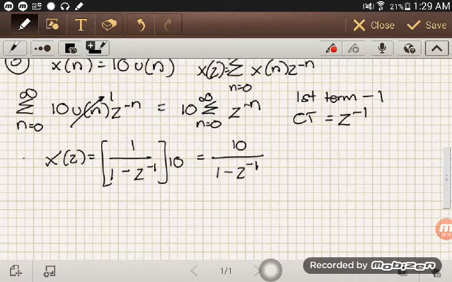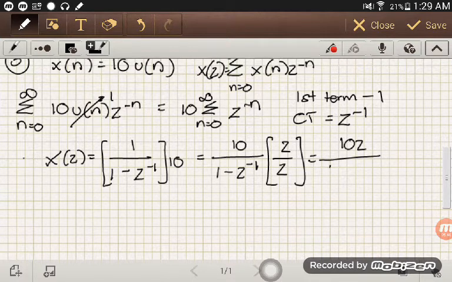So for your case, it's equal to 10 over 1 minus z^(-1). And you have to multiply it by z to make the powers positive. So 10z over z minus 1. So what's your region of convergence?